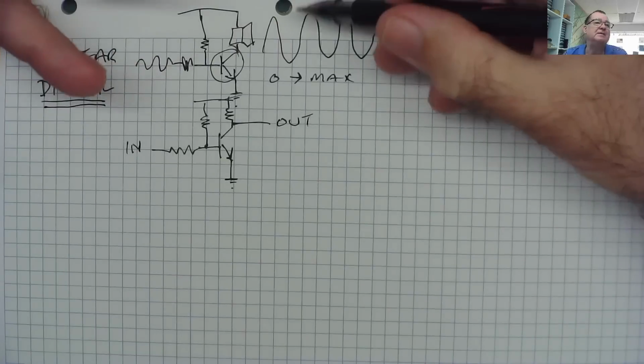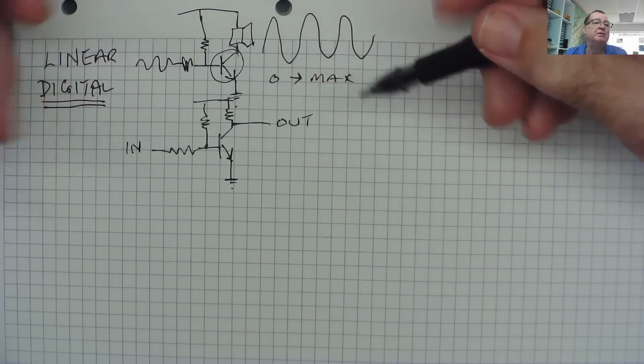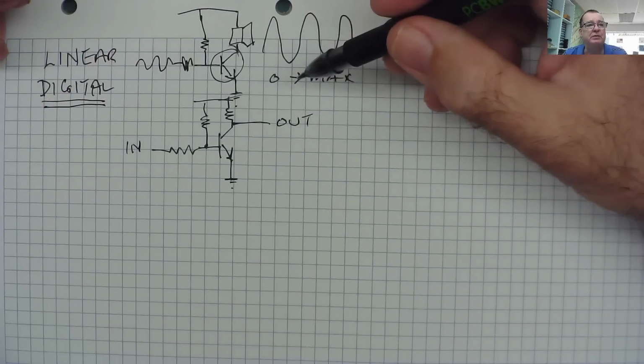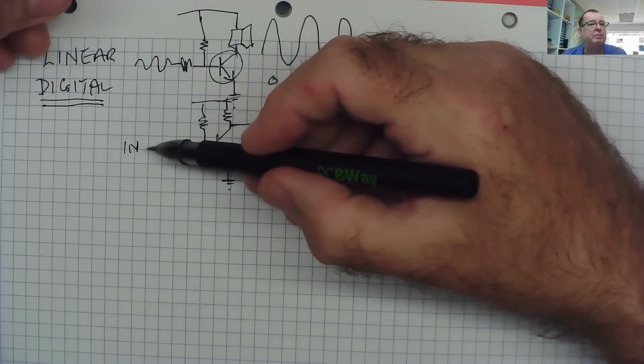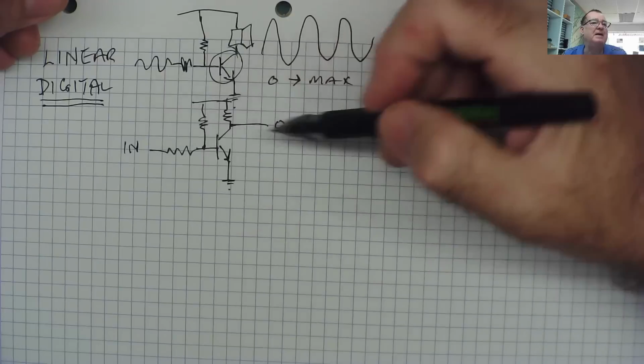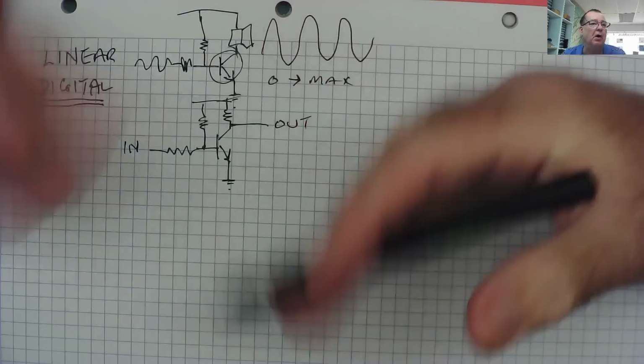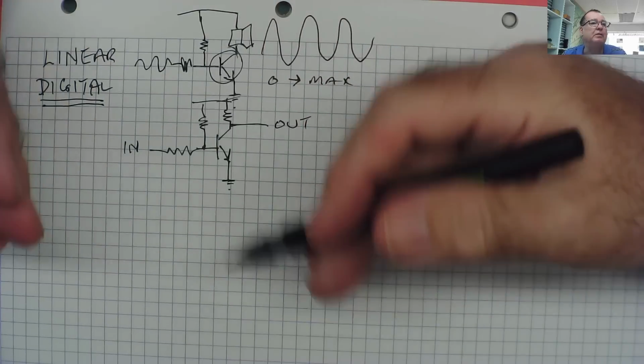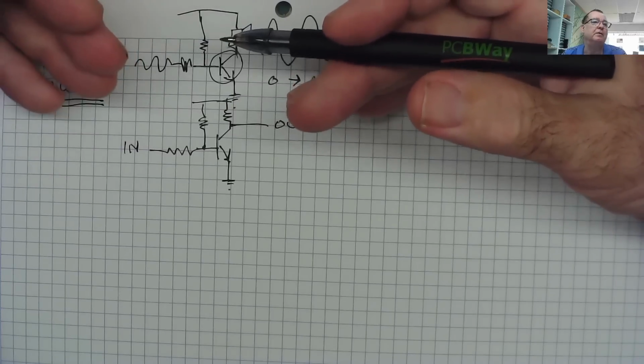Now that is the same as this. It's a linear circuit, but it can be used in such a way that the voltage applied to the input is such that either this is fully turned off or it's fully turned on.